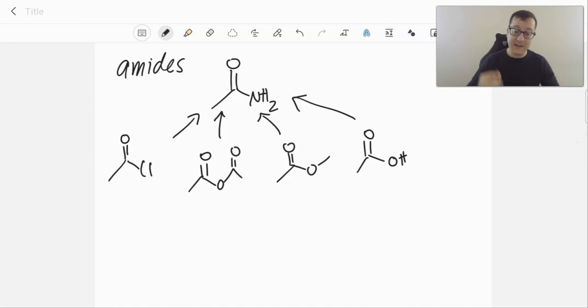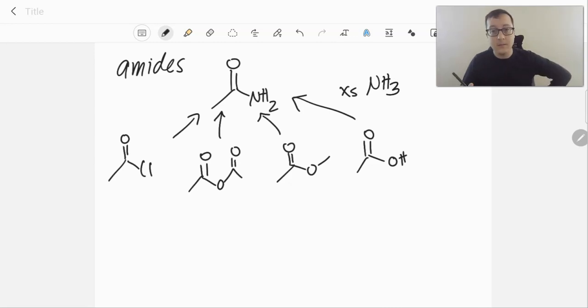For these, typically you're going to need excess of your amine in order to get these to work. And of course, some heat and generally some acid if you're on the lower energy end of things. If you're using an acid chloride or anhydride, you're probably not going to need the heat or the acid in there to help things go. But otherwise, any of these can be turned into an amide.